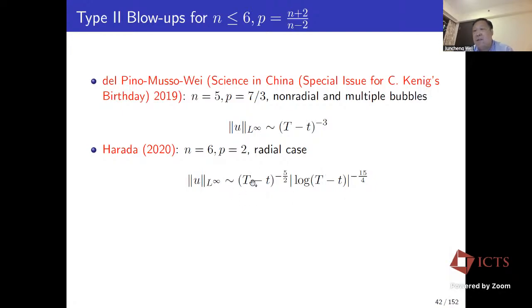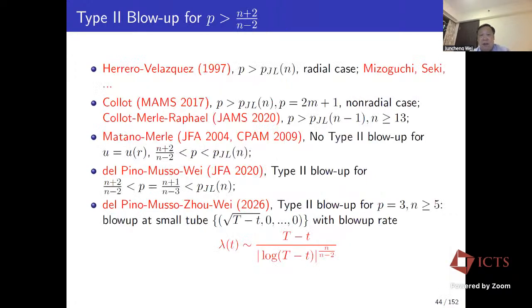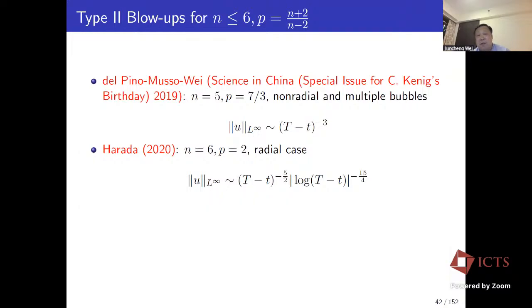So I will explain why he got this type of blowup rate. And in dimension 3, you can construct blowup solutions with t to the minus k for any integer k. So in the lower dimensions, you do have type 2 blowup in the critical case.